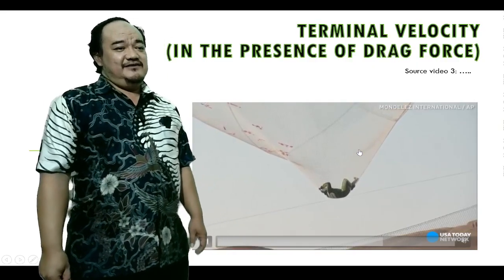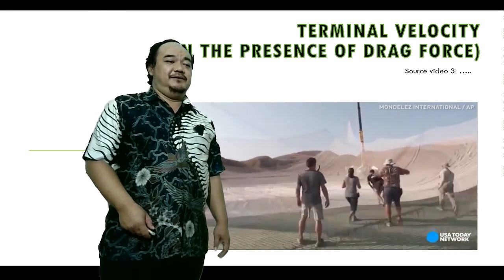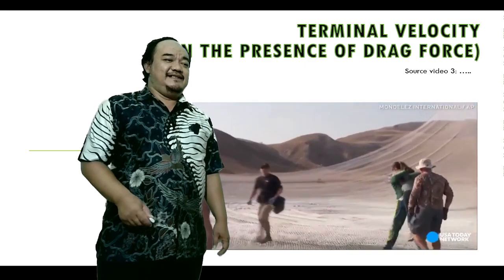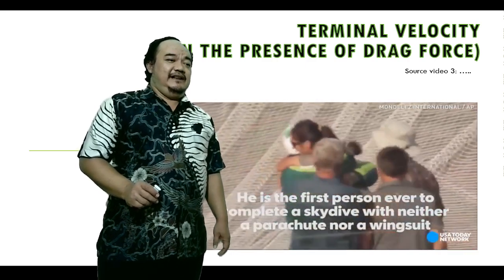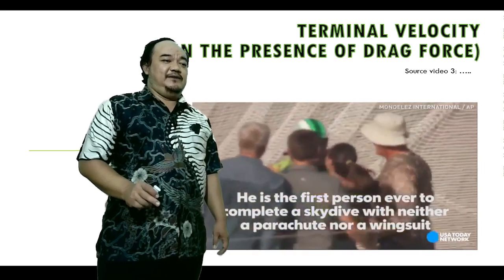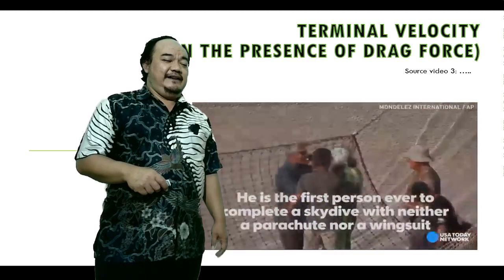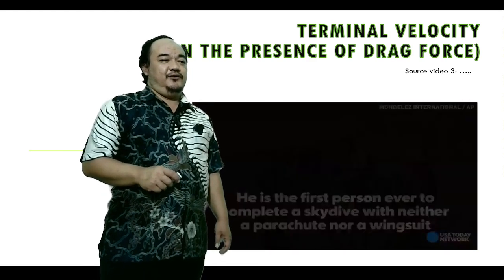And as a conclusion, the skydiver, when starting to jump to the ground, will reach the constant velocity. In other words, the velocity of the skydiver is not increasing all the time, but will reach the constant velocity.